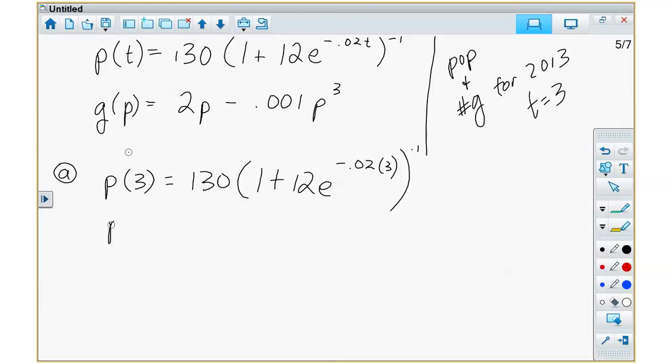And that's going to be P of 3 is equal to 130 times (1 plus 12e to the negative 0.06) raised to the negative 1 power. Now, you're going to work this in your calculator all the way out. First thing you're going to do is raise e to the negative 0.06, multiply it by 12, add it to 1, and raise to the negative 1 power, and then multiply by 130.